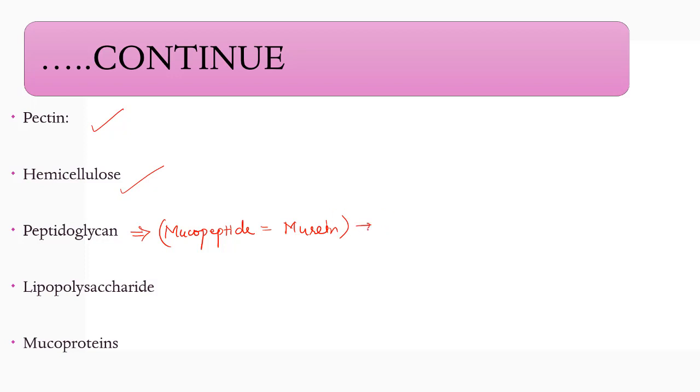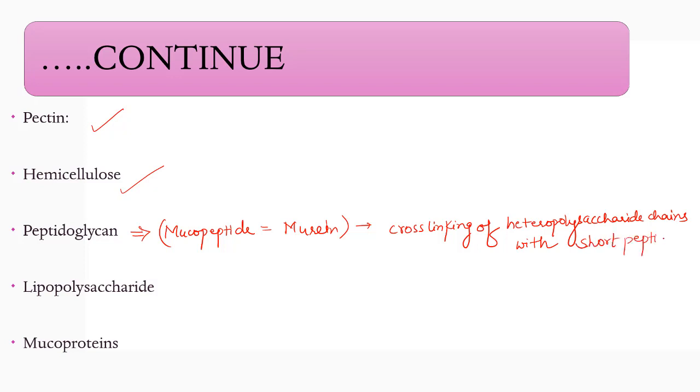Understood? The heteropolysaccharide chains are formed of two alternate amino sugar molecules, N-acetyl glucosamine and N-acetyl muramic acid.